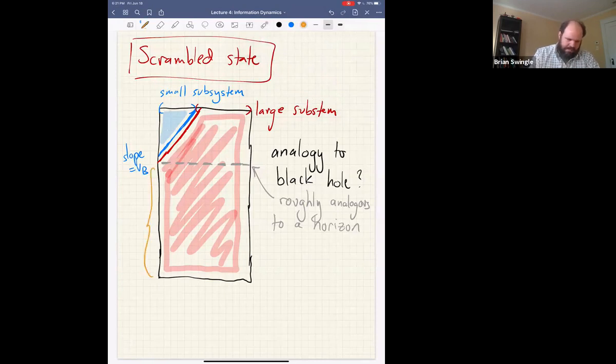So that means this part here, which is inside the horizon or behind the horizon, should be regarded as roughly analogous to the interior.